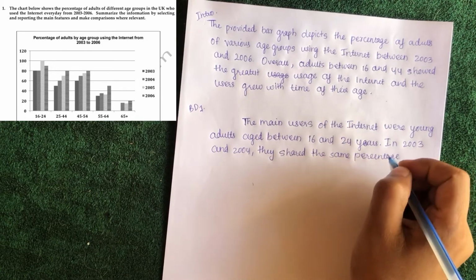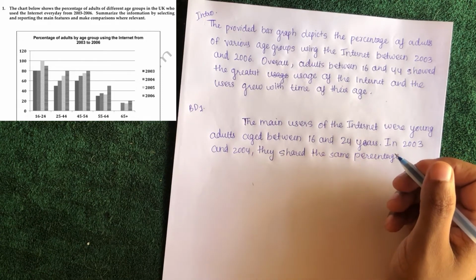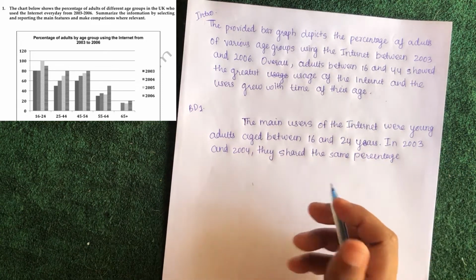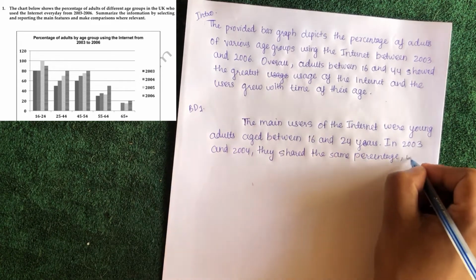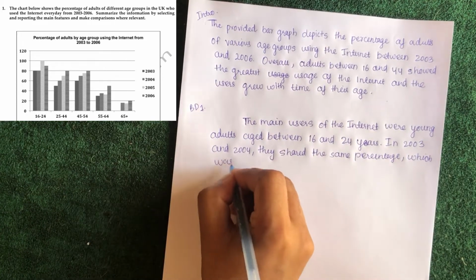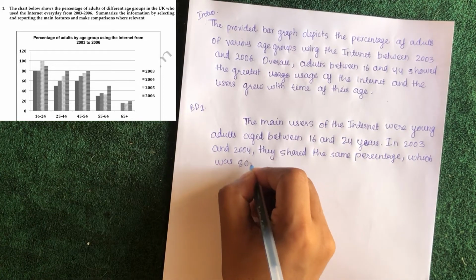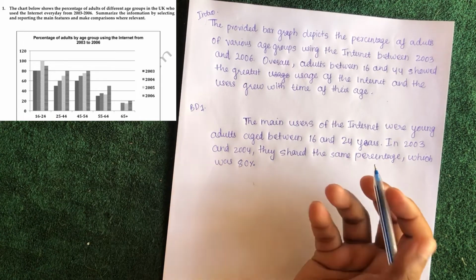You can see the initial period of 16 to 24 in 2003 and 2004, there is similar data, which was 80%, or you can write more than 3/4.